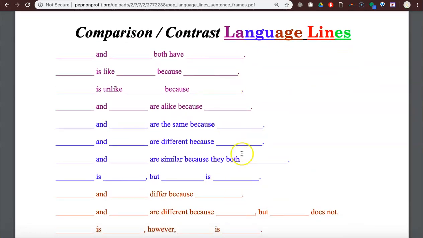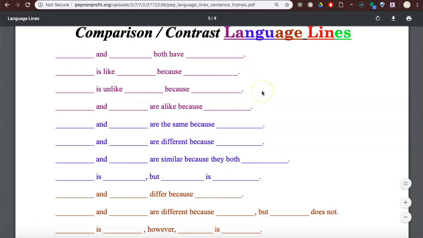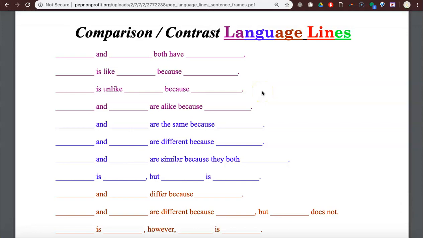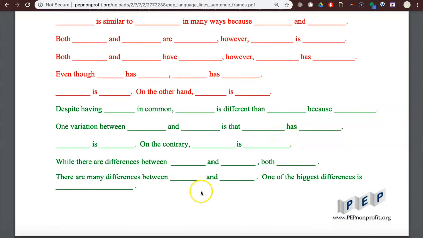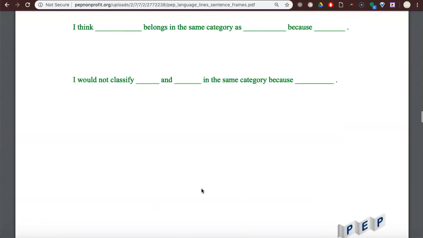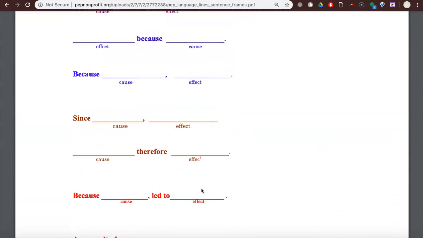The reason they have different colors is that they start off with more linguistically simple syntax, so more linguistically simple sentence frames, and they go to more linguistically complex sentence frames. So this is a great place to find some sentence frames for your students and have them up. Again, we don't need to reinvent the wheel and write brand new sentence frames from scratch every single time. If they're going to be written in a place, let's use them, right?